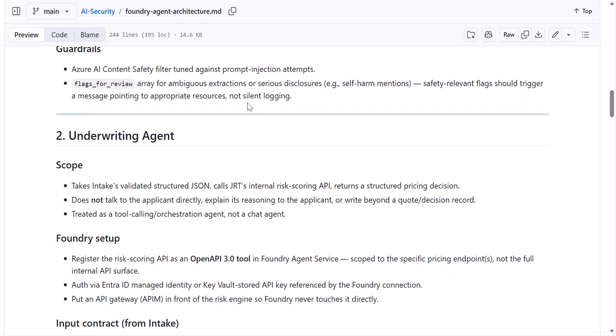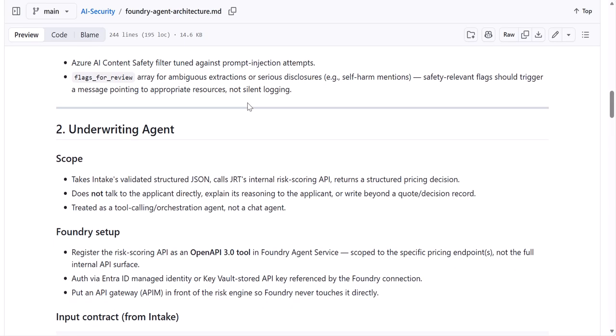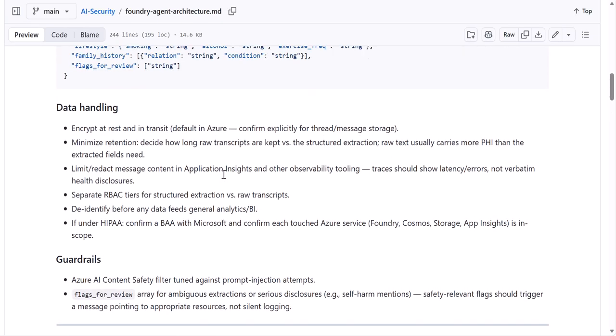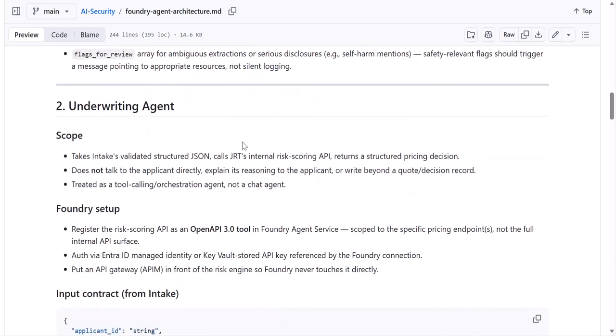Now let's go to the underwriting agent. The scope we already discussed. It should take the validated structured JSON information from the first agent and call JRT's internal risk scoring API, and return the structured pricing decision.